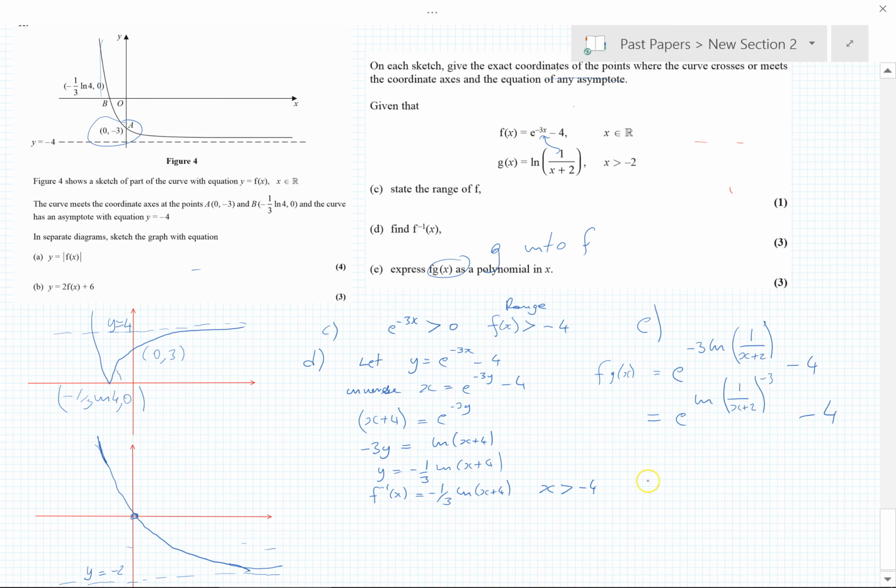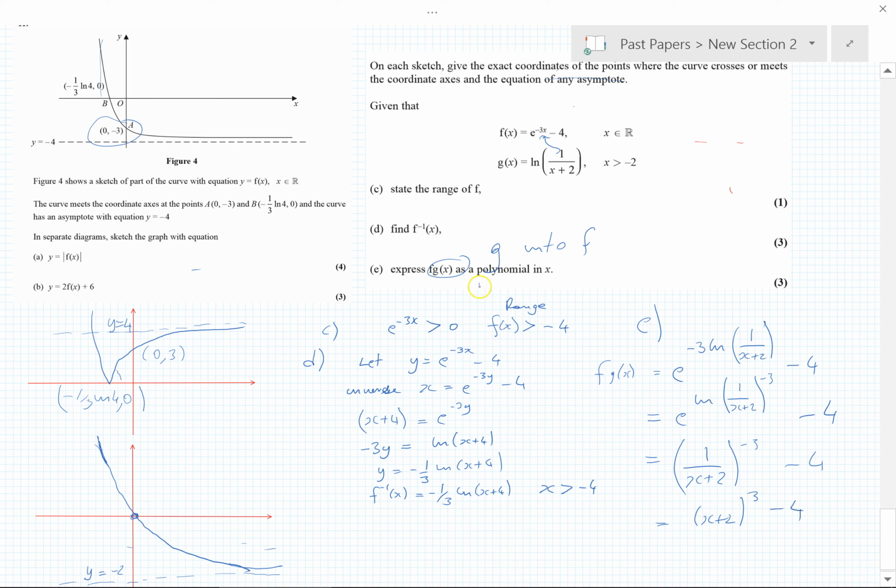Now the e and ln cancel each other out, because e of ln, by definition, is like any two inverses. Square rooting of a square just undoes itself. So that just comes to 1 over x plus 2 to the minus 3 minus 4. But of course that's on the bottom, so that's x plus 2 cubed minus 4.